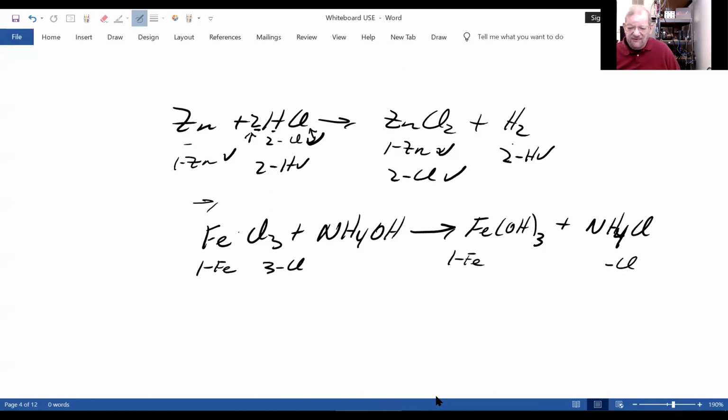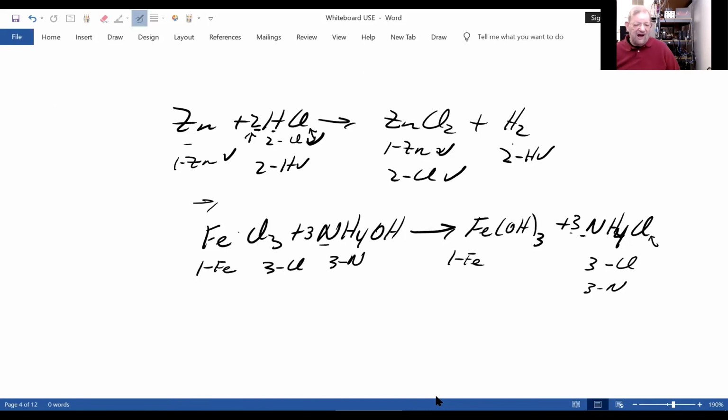How do I make it 3? I can't change this number, but I can change the coefficient. So now I have 3 chlorine. Now on this side, I have 1 nitrogen. Here I have 1 times 3, 3 nitrogen. How do I get 3 nitrogen here? I put a 3 there. So I have 3 nitrogen.